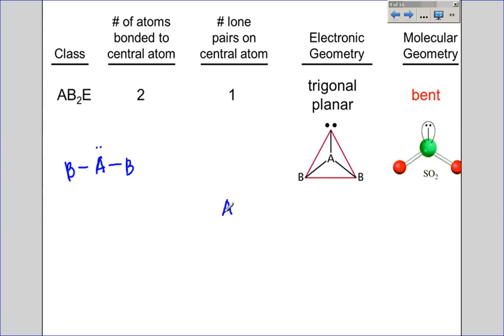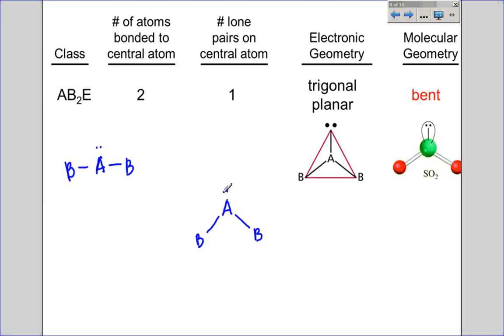Because there are a total of 3 electron pair domains, we still have a trigonal planar arrangement of the electrons. But this time, we're replacing one of the bonds with a lone pair. So what we are left with is a molecule that is of a bent geometry.